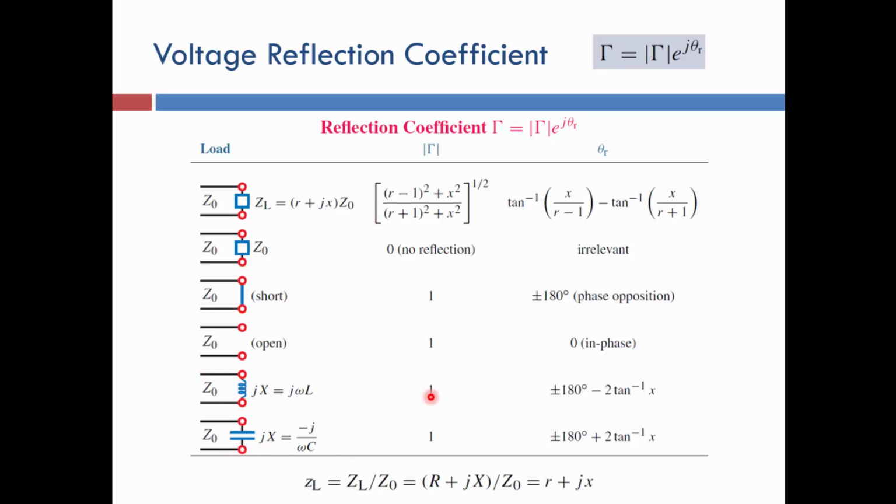The reflection coefficient magnitude is also 1, but the phase depends on the value of the reactance part of the load and the characteristic impedance.